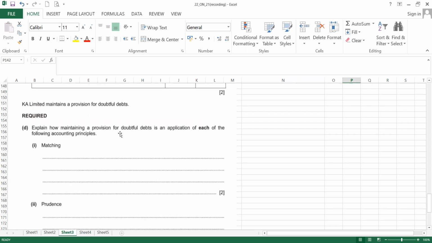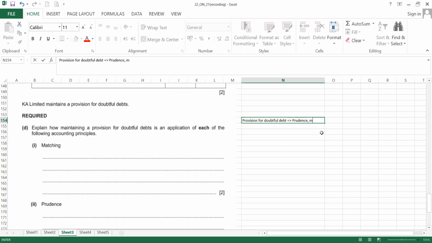Explain how maintaining a provision for doubtful debt is an application of each of the following accounting principles. In the topic of provision for doubtful debt, we just do some revision. There are three concepts normally asked in the question: prudence, matching, and also consistency. These three items are what they normally ask.